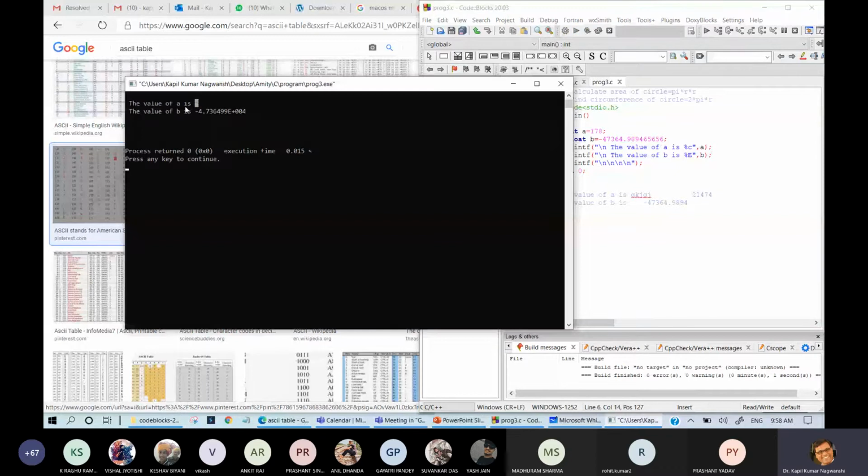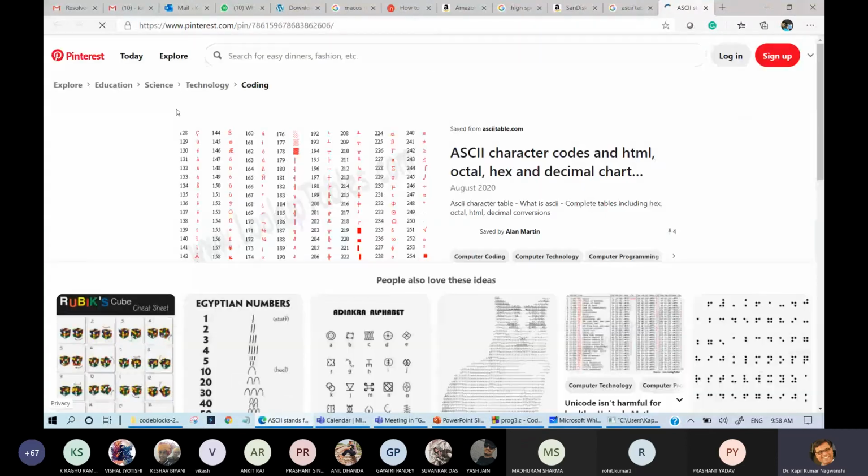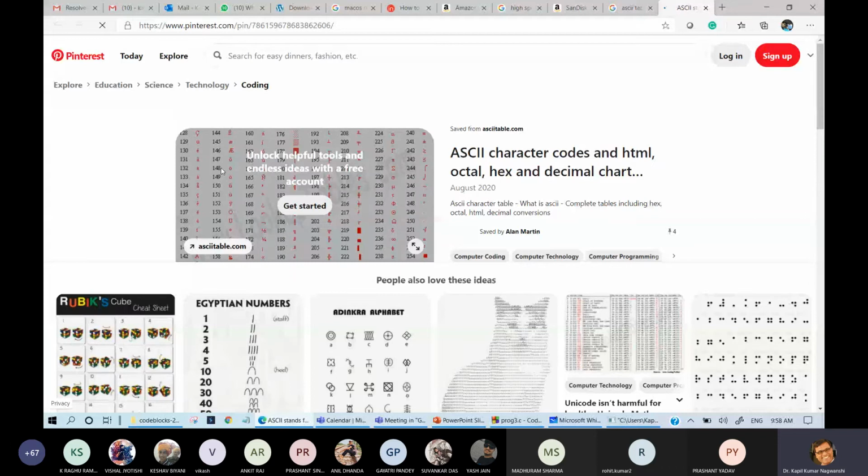Here one big character. Is this coming correct or not? Yes. Any doubt related to this format specifier now? So this is 178 actually, and if you see the value of 178, it is a big number.